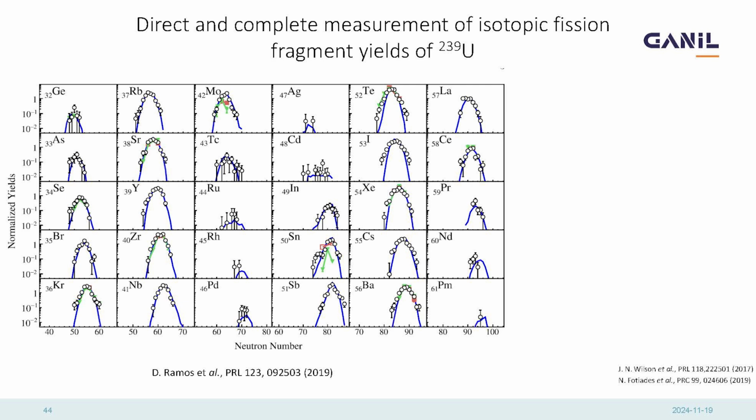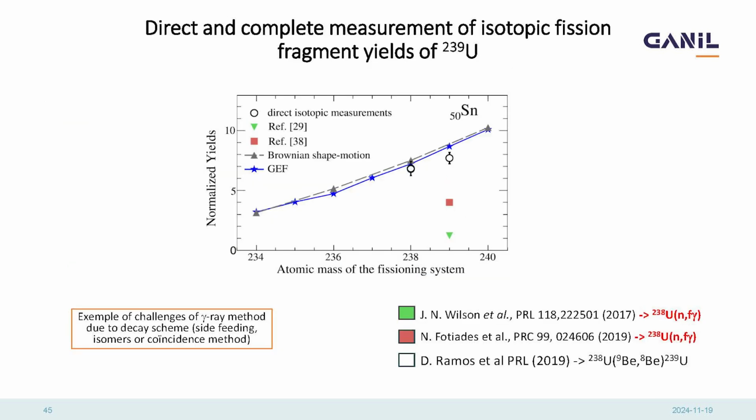This one is for uranium-239. I will not detail how we get this measurement, but imagine we do a neutron transfer on uranium-238, and you get those yields. So you see that, first, it's not measured everywhere, so now you do it in a kind of systematic way. But now, just to get back to what I showed, it's exactly this.